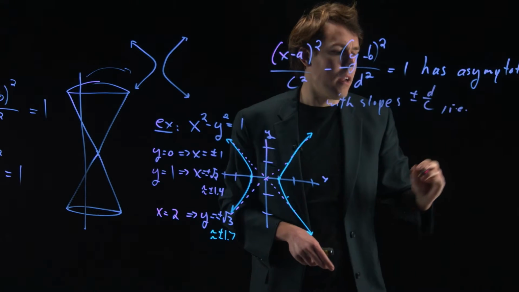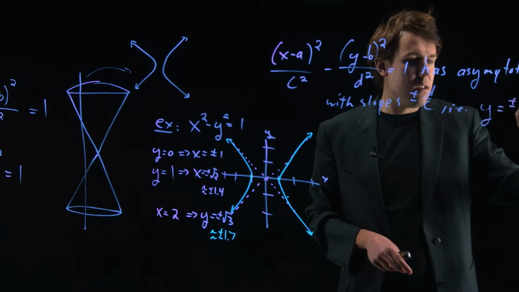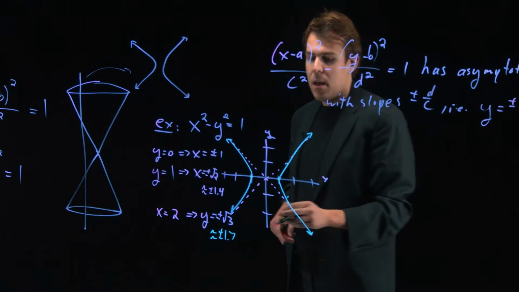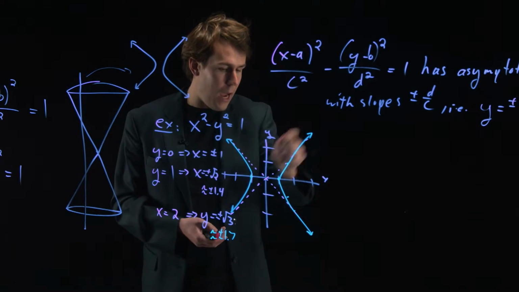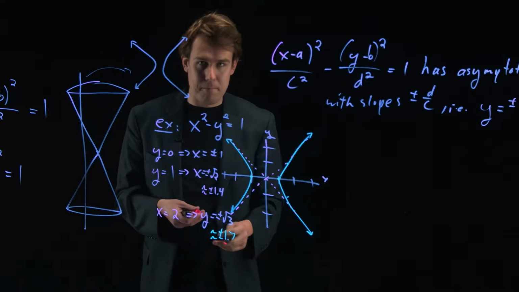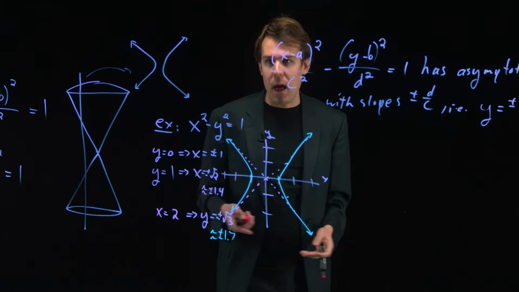So the asymptotic curves are like y equals plus and minus d over c times x, which makes sense. I mean, they're not just up and down or left and right. They're diagonal. They're lines in the plane. So this can be useful as a tool to help us plot.